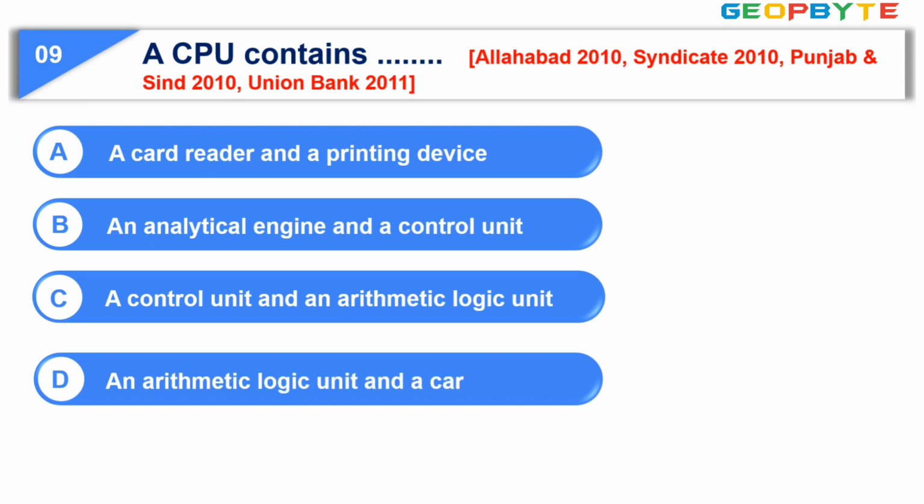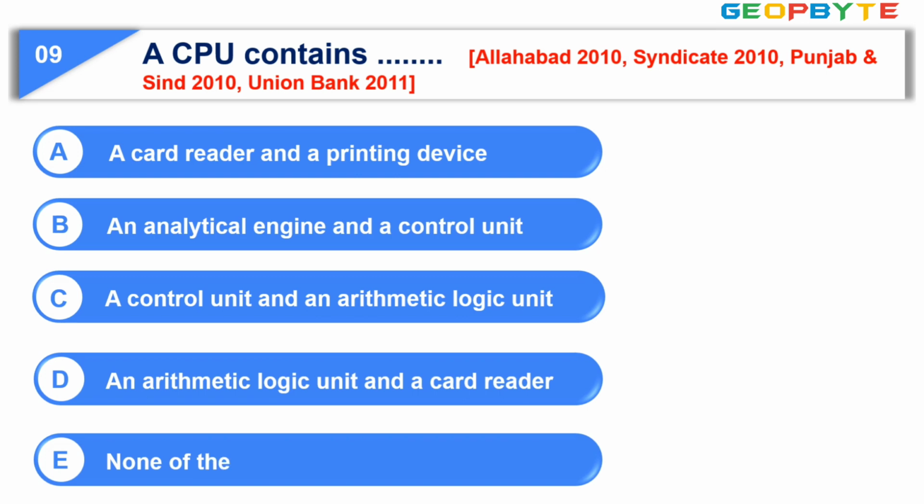Option D, an arithmetic logic unit and a card reader. Option E, none of these. And the correct answer is option C, a control unit and an arithmetic logic unit.